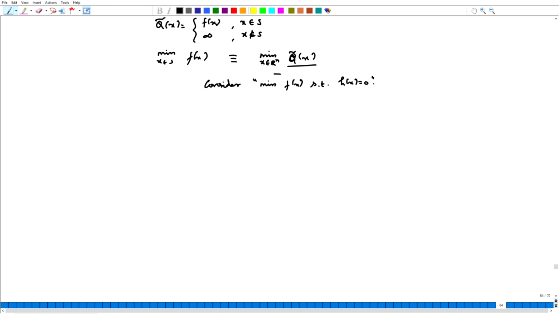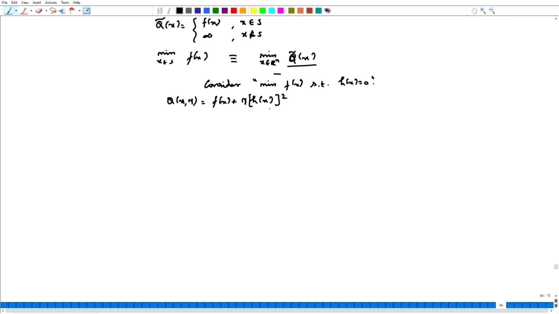Okay. So, for this problem I am going to define q of x as f of x plus gamma into h of x the whole squared. Okay. So, I will actually write this as q of x comma gamma, because it also depends on this variable gamma. Okay. So, what is the physical meaning of this particular function?